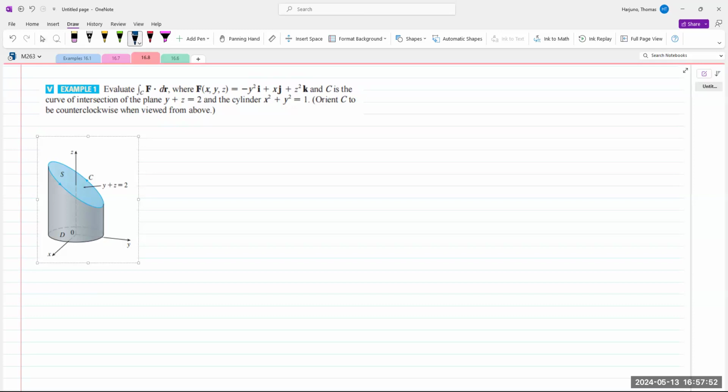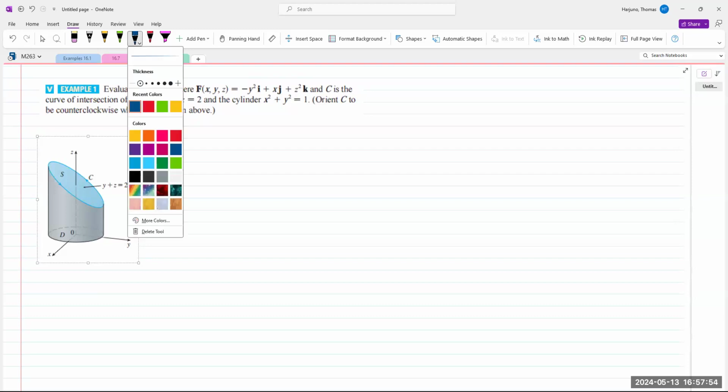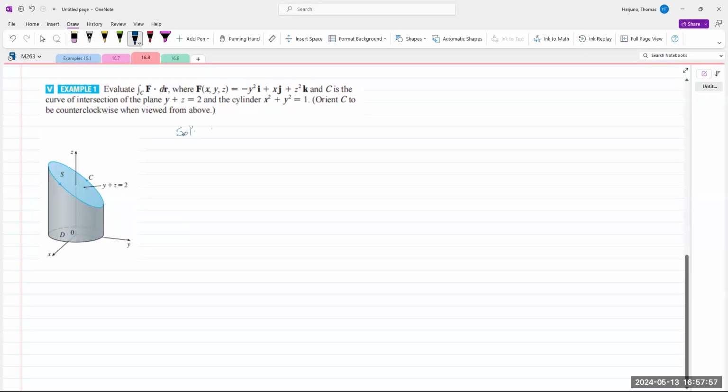So we want to compute the integral over closed curve C of F dot dr, which according to Stokes' theorem equals the double integral over surface S of curl of F dot dS. Now there are two parts that we need to do on the integrals on the right-hand side.